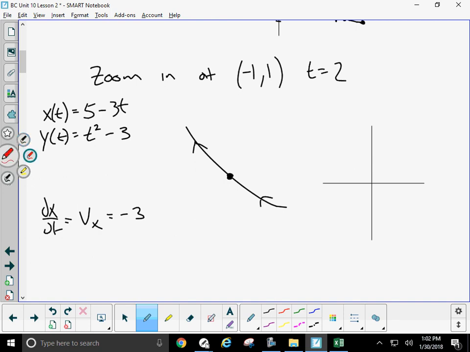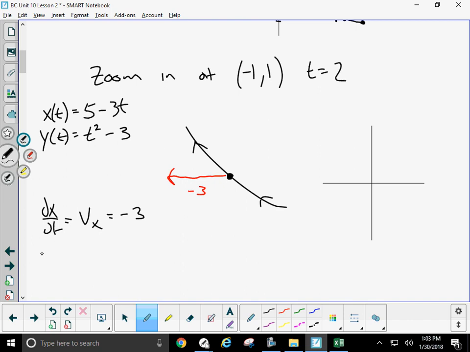Okay, and I can see kind of visually that -3 if I draw a horizontal line coming from my particle. And the -3 is kind of the length of this vector, this x direction vector. It's not going on forever and ever. It has a distance. It has a length.